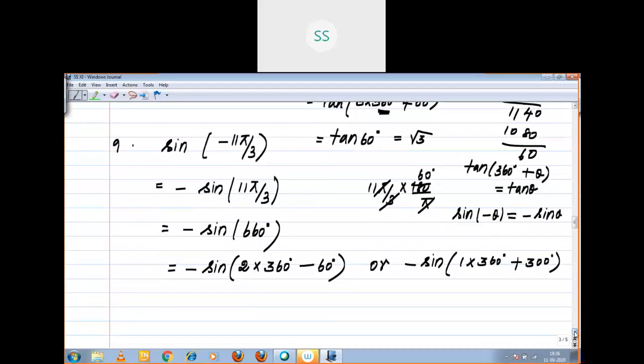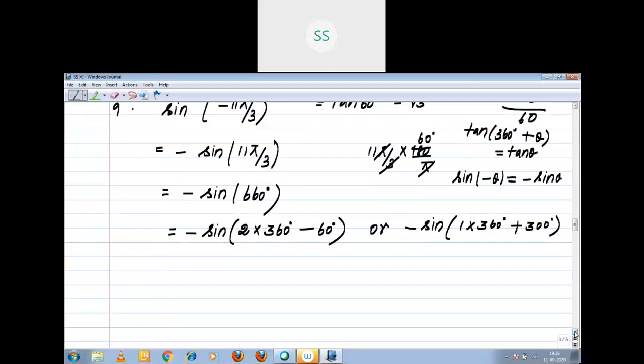Anyway you can write, right? But you have to write 180 or 360 or 270 or 90 like that. You should adapt. Are you clear, children? First you have to take a complete rotation only, either 2 times or 1 time.